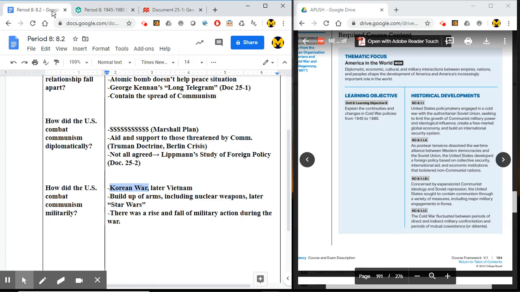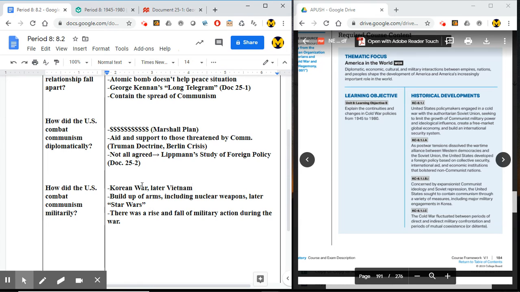The Korean War is a perfect example of how the U.S. was willing to intervene when a country was threatened by communism. And in the case of the Korean War, the U.S. wasn't necessarily victorious, and they didn't lose.